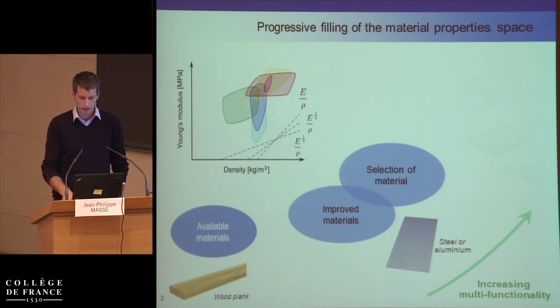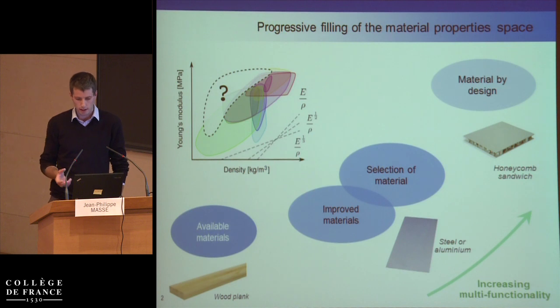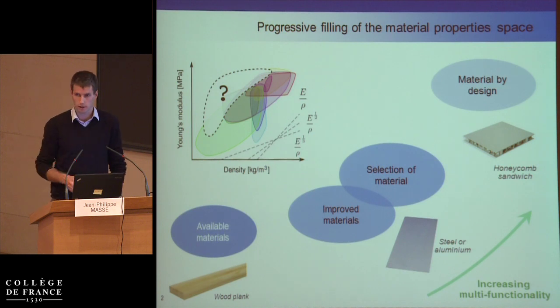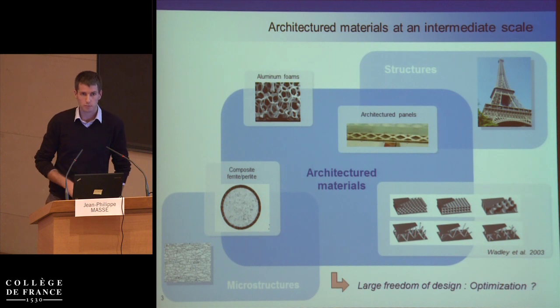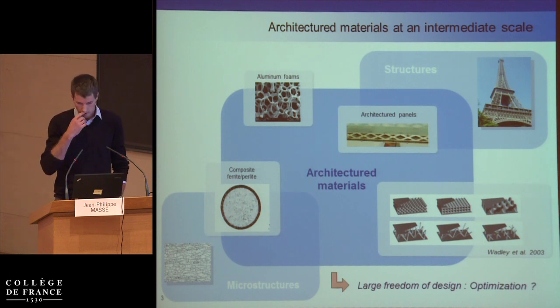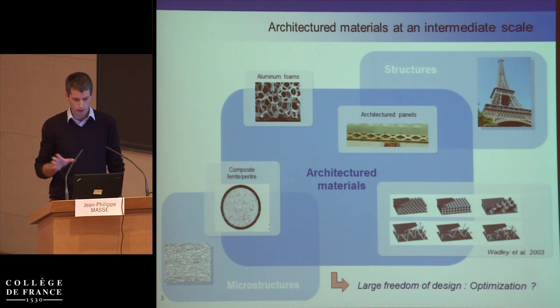multifunctionalities. And now with material by design, we try to fill the remaining gap in such a properties chart. And in terms of scale, this work deals with architecture materials in between microstructures, metallurgy, and structures.